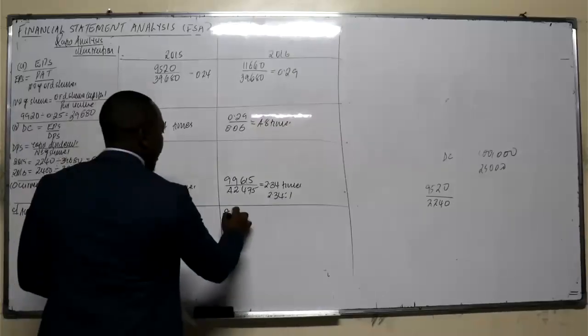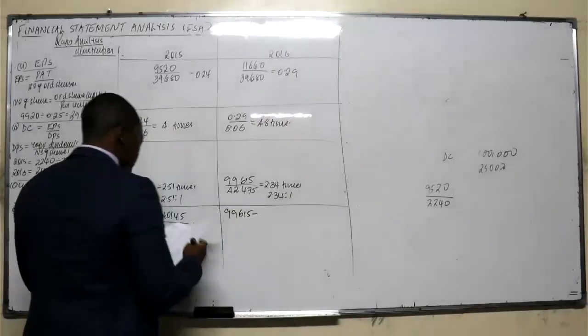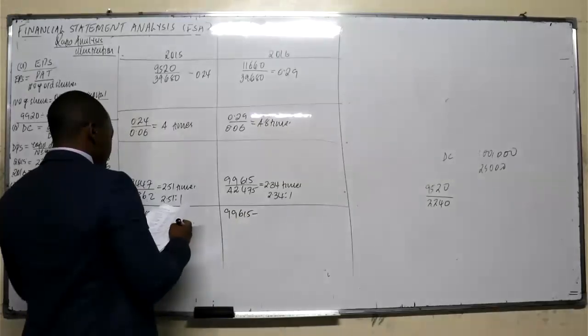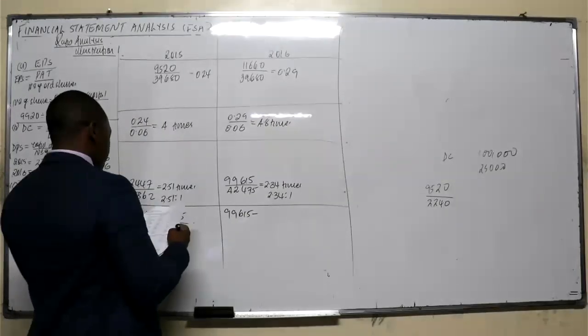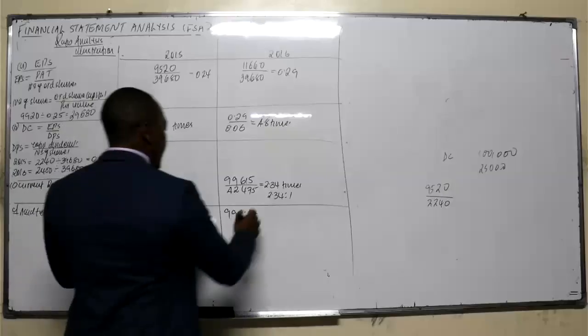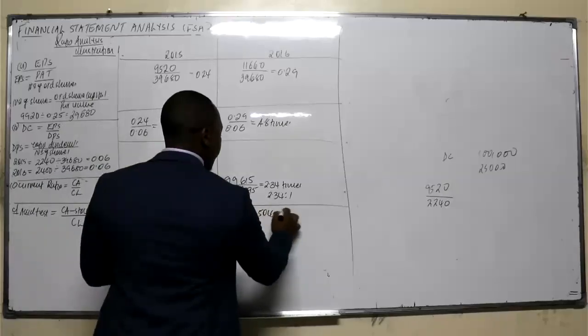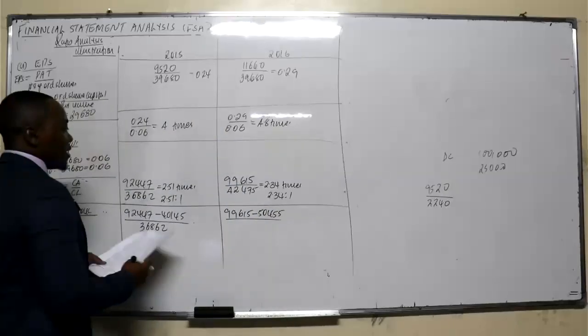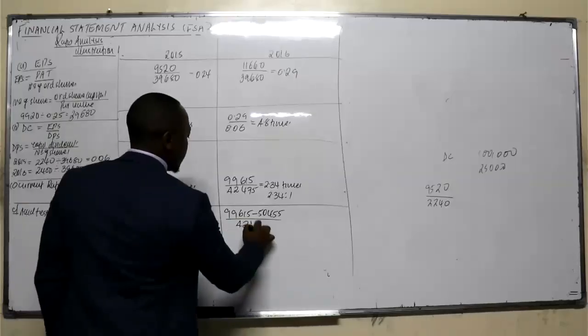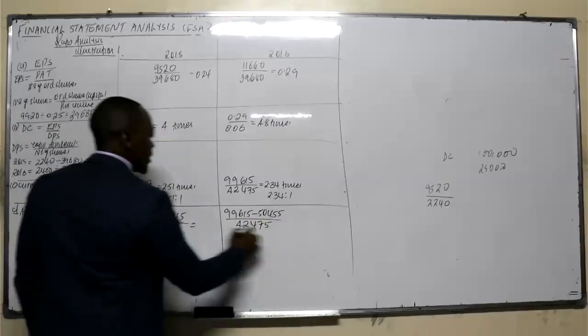Here you take 99,615, you deduct the inventory, and our inventory is how much? 50,455. And then you divide by the current liability, 42,475.